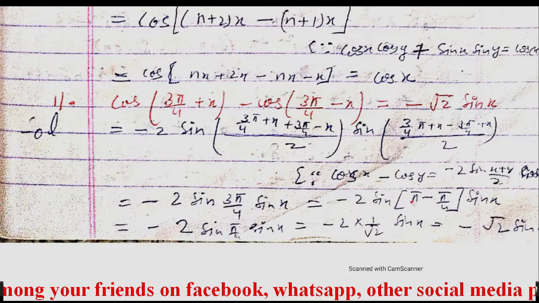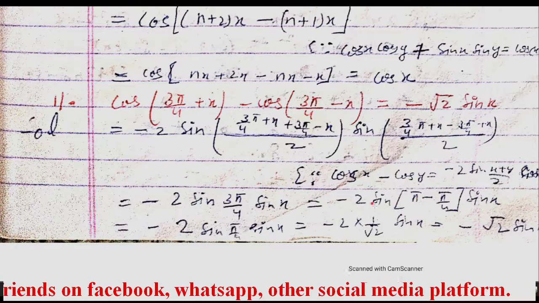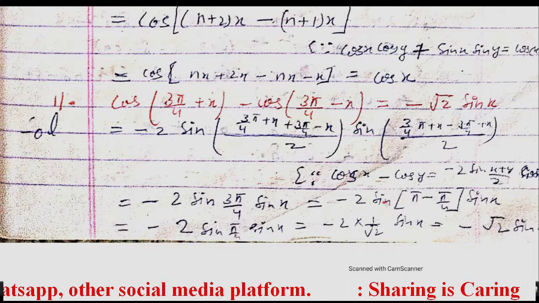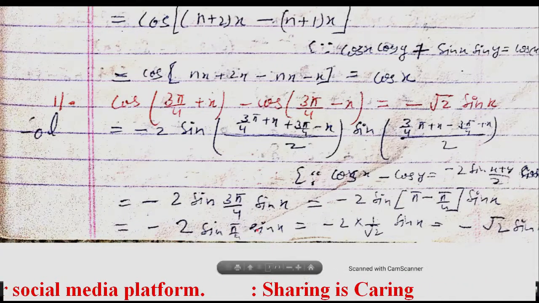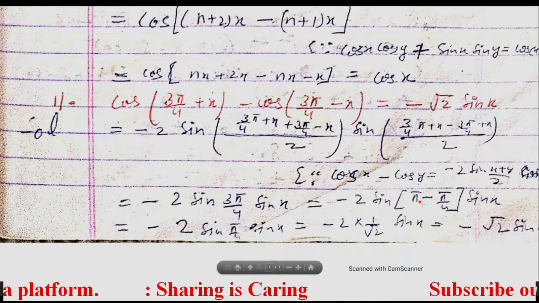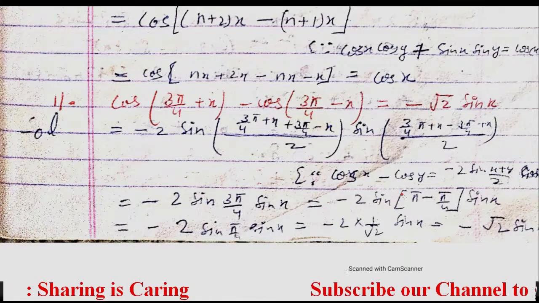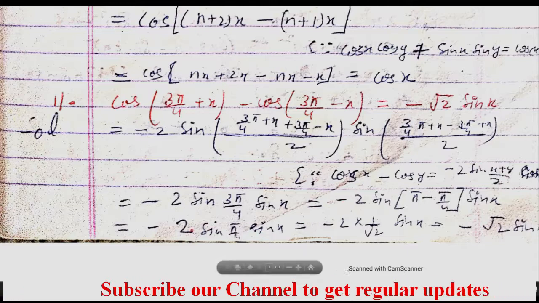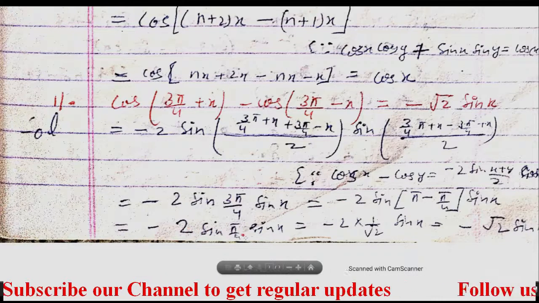With pi you do not have to change the trigonometric ratio, so it stays sine, and it moves to the second quadrant where sine is positive, so the sign will also not change. So it's going to be minus 2 sine pi upon 4.